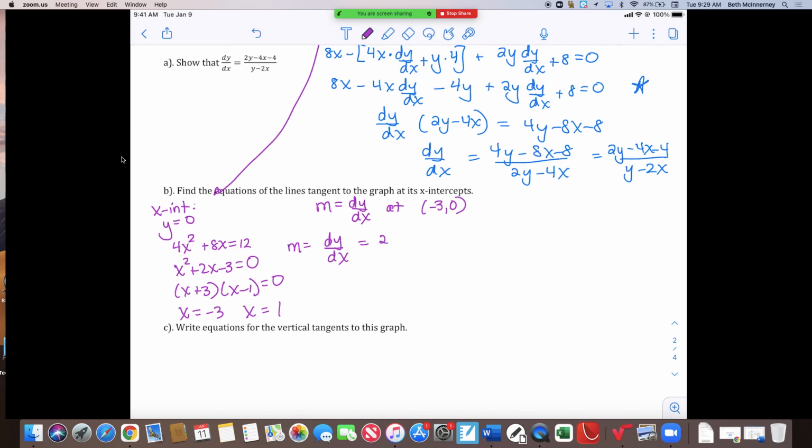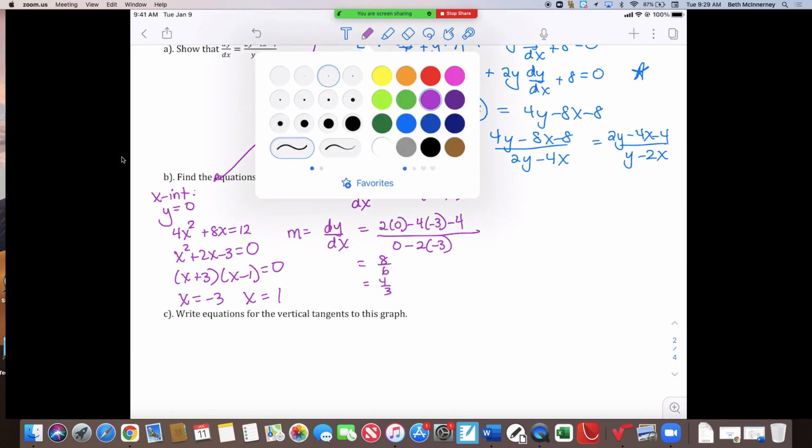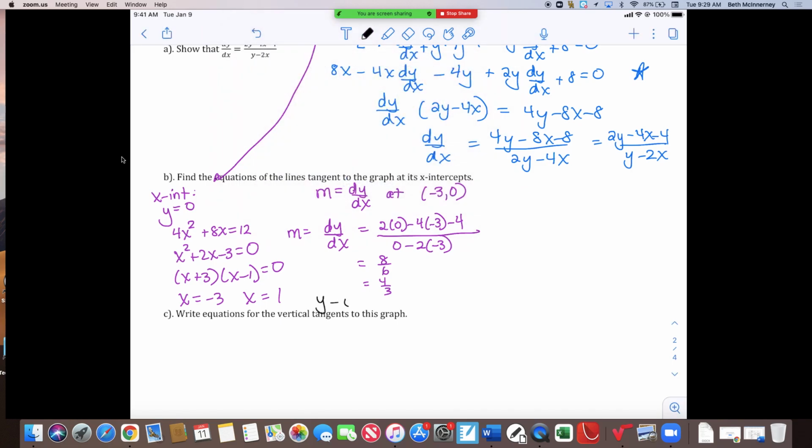So that's 2 times 0 minus 4 times negative 3 minus 4 over 0 minus 2 times negative 3. So that's 4/3. So this equation would be y minus 0 equals 4/3 the quantity x plus 3. That's absolutely fine to leave it like that, or you could tidy that one up.